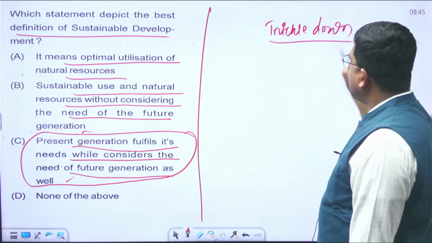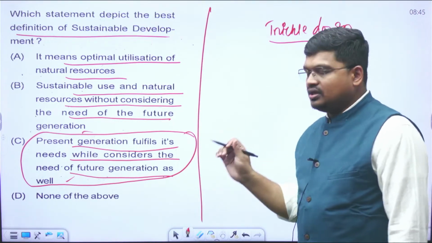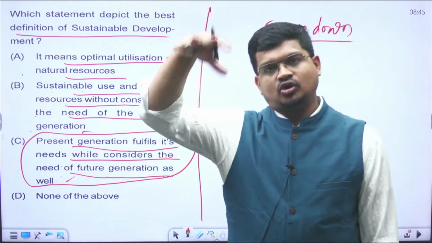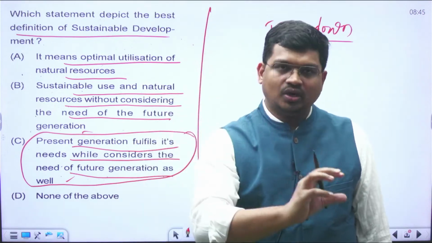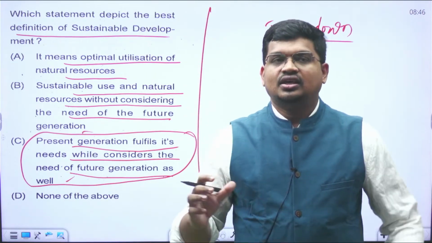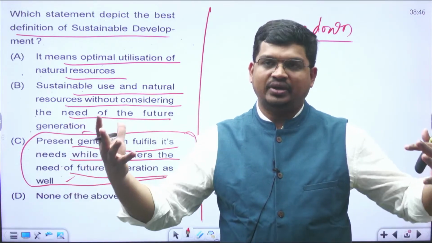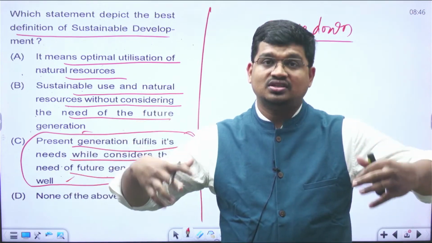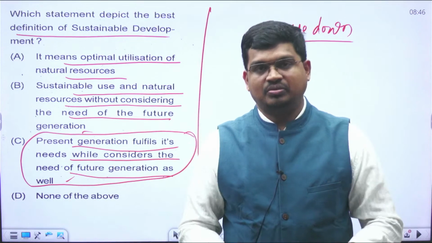What does trickle-down mean? Trickle-down means if you develop at the top, then automatically it will percolate down to the bottom of the pyramid. When you increase the growth rate, automatically the government will spend the amount it gets from economic growth for the welfare of the people.